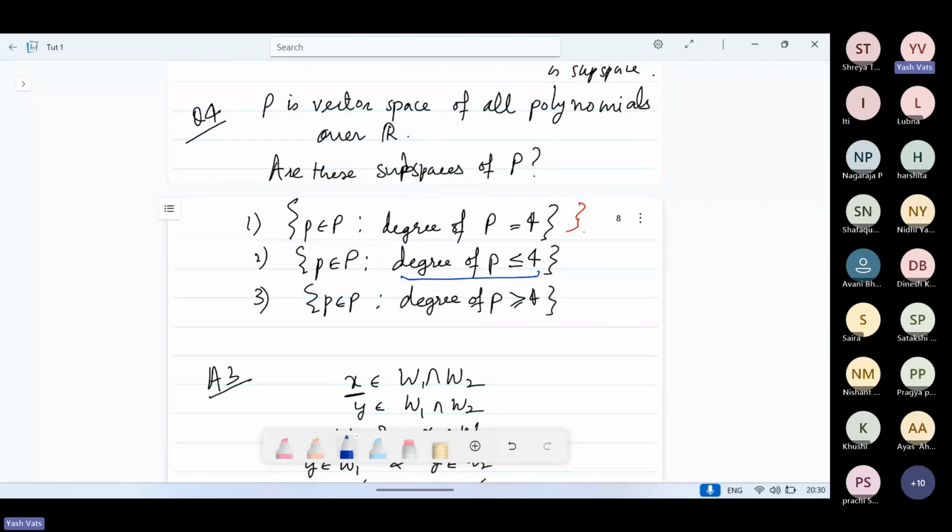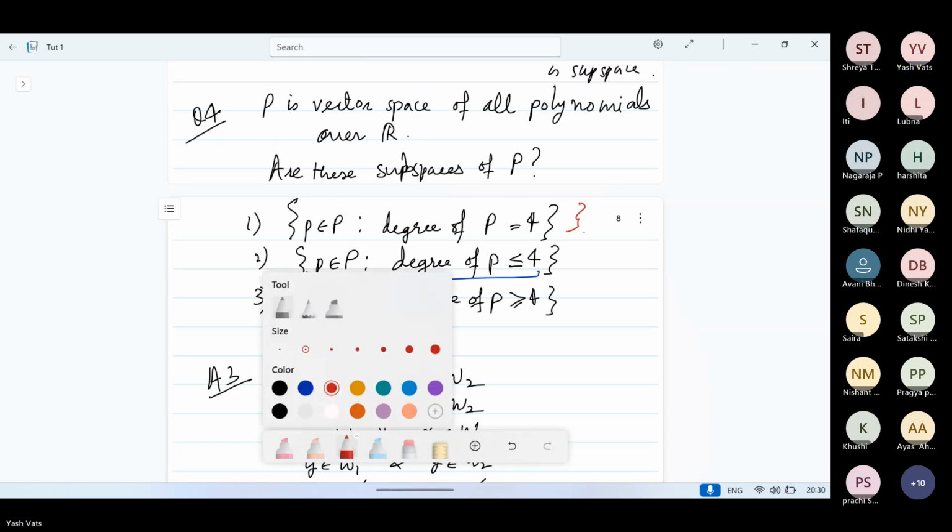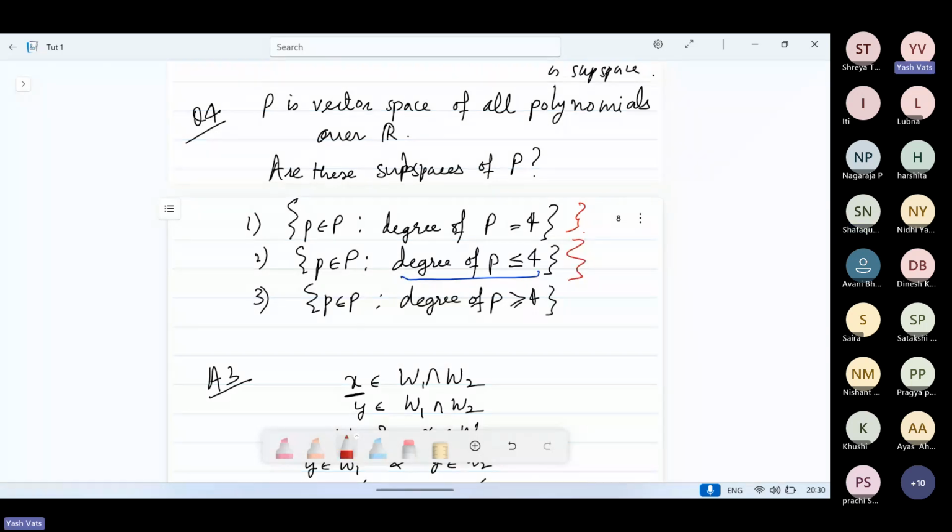If you go to the second one, degree of polynomial is less than or equal to 4, then in that case, what will you say? Is this a subspace? The sum is always less than or equal to 4, and yes, I think it is a subspace. And degree of polynomial is greater than or equal to 4.